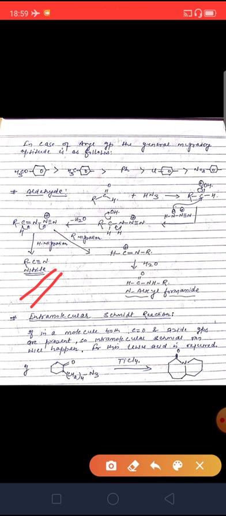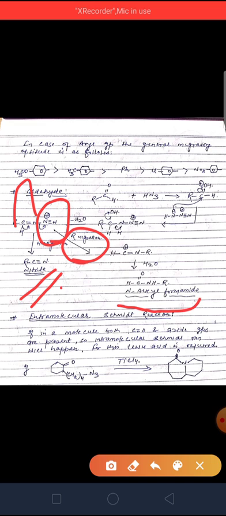These nitriles on further hydrolysis, you can have the complete hydrolysis, you can have the partial hydrolysis. On partial hydrolysis you will get the amide, and on complete hydrolysis you will get the carboxylic acid, right? And this is from the R migration, means this particular R group will migrate on the nitrogen, and this N2, molecular nitrogen, will be eliminated out from here, and this will get converted into an alkyl form amide, right?